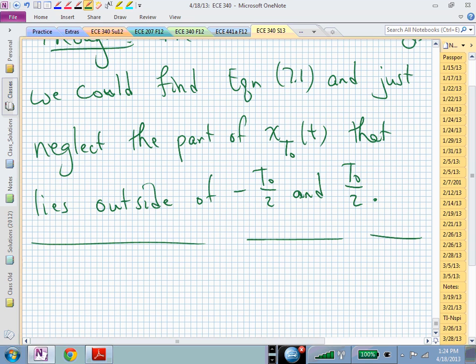Meaning we now have a strategy. You give me an aperiodic signal, I'll make that periodic, and then I'll do the Fourier series on that, and then I'll neglect everything that's not in that fundamental piece.